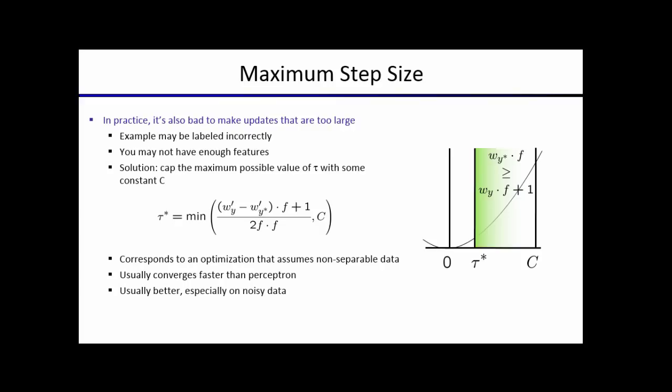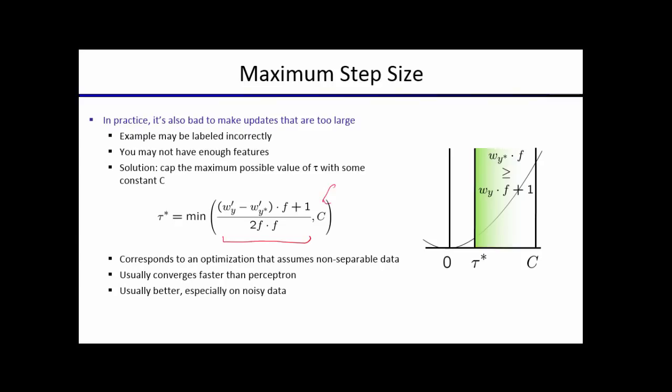So what you can do is take your update from before, written right here, and cap it, setting a limit to how big of an update you're going to make. That limit is defined by C.